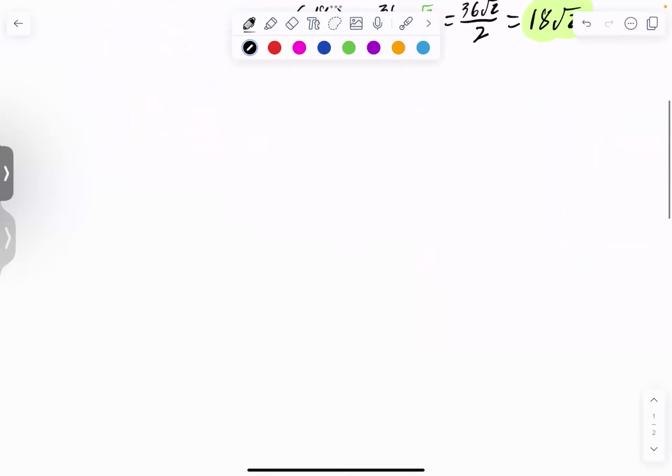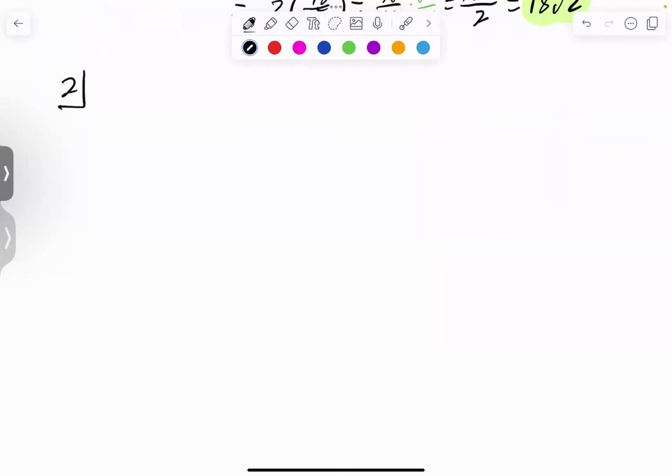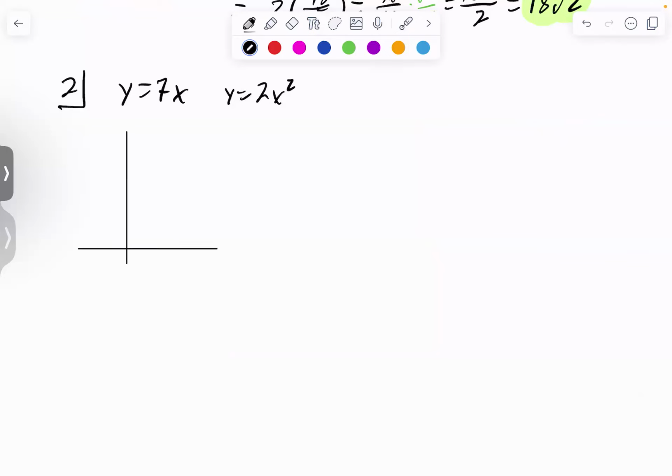Let's move on to our second example here. Part 2 says, sketch the region enclosed by y equals 7x and y equals 2x squared. And our graph is going to look like this.